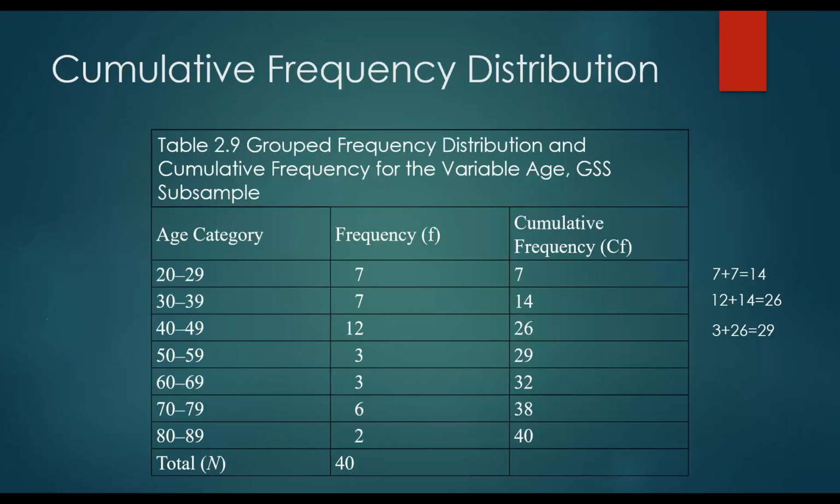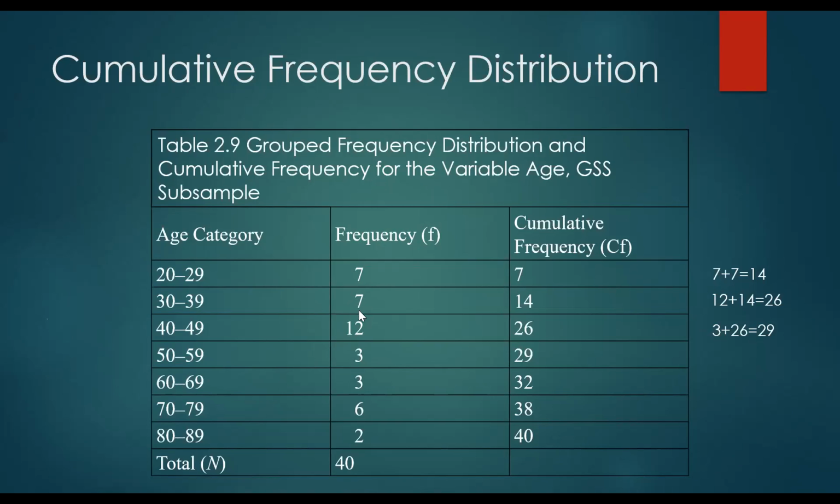So for instance, if I look here, can you see my cursor? Yep. Okay. So these are the lower categories. But again, if I'm trying to figure out the specific cumulative frequency, what is the total cumulative frequency for people ages 59 and under, I am adding up all of these numbers here.